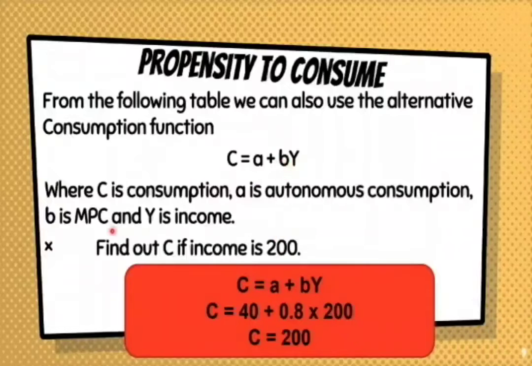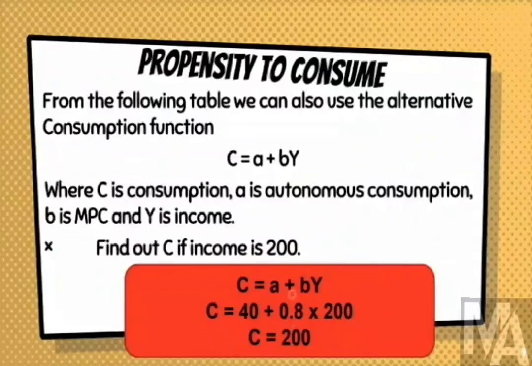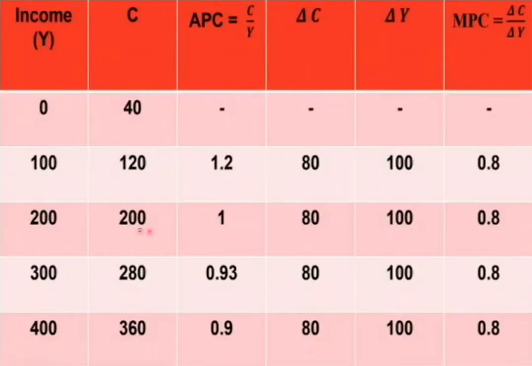We have B, which is MPC, and MPC at any level is 0.8. So 0.8 is going to be substituted here, and if income is 200, so Y is 200, we are going to put 200 here. So we have 0.8 into 200, the BODMAS method, we have 160 plus 40 is equal to 200. And so the consumption is 200 when the income is 200. Is it true? Yes, it is true. The consumption is 200 when the income is 200.